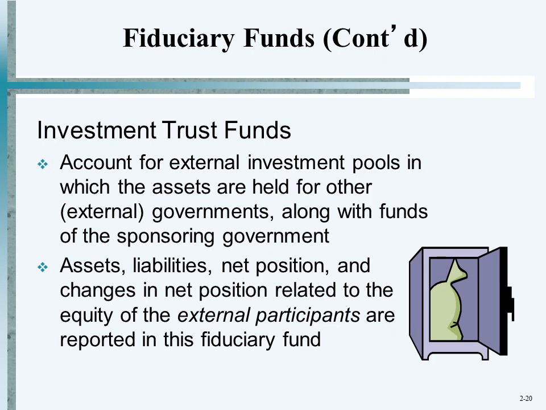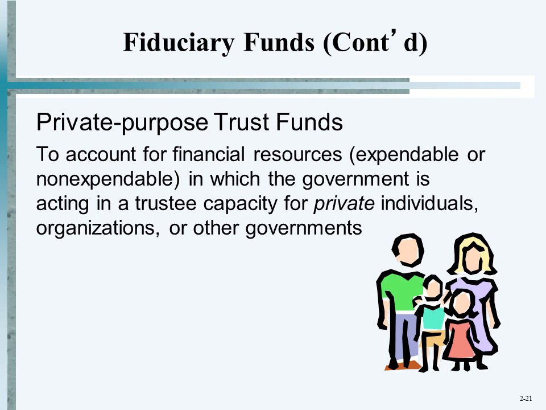These have assets, liabilities, net positions, and changes in net positions, but it affects the equity of the external participants, and those are recorded in the fiduciary fund. Private purpose trust funds, these account for financial resources in which the government is acting as a trustee in a capacity for private individuals, organizations, or other governments.